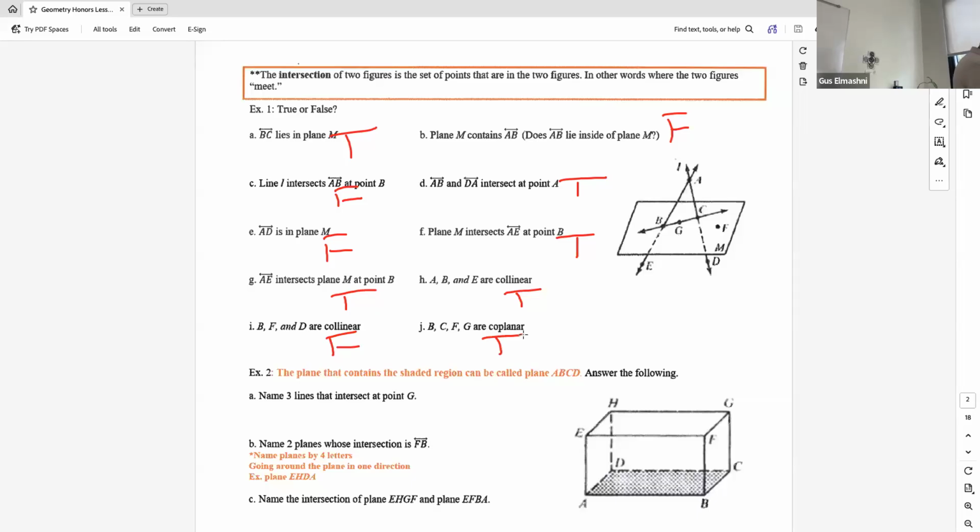If it lies inside. No. Oh, maybe. I think that's false.